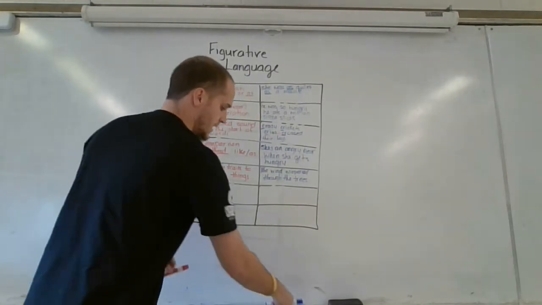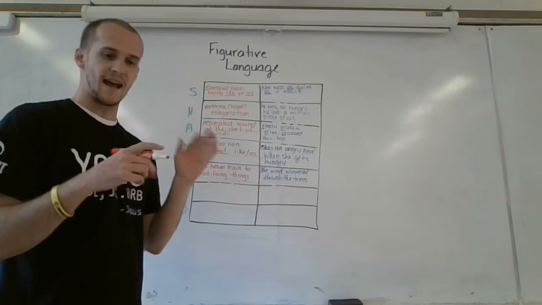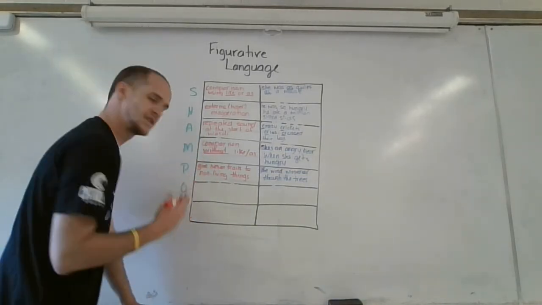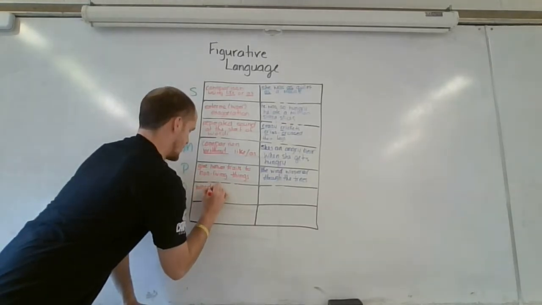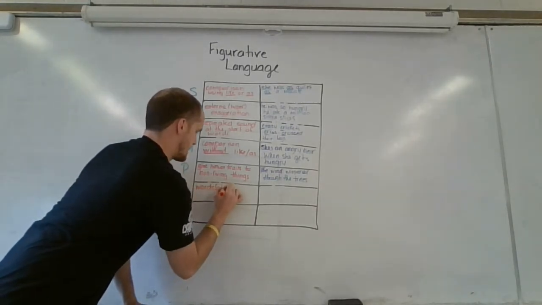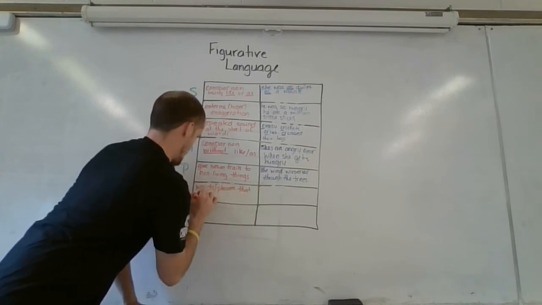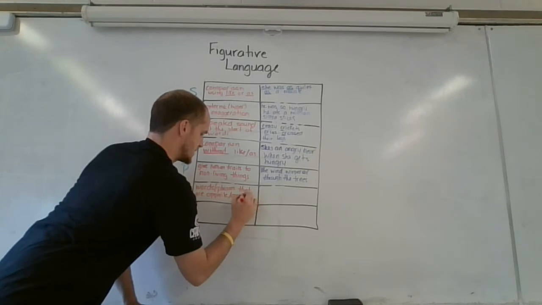is oxymoron. And oxymorons are words or phrases that are the opposite or contradict each other, but still make sense. And I'm going to explain. So words or phrases that are opposite or contradict.